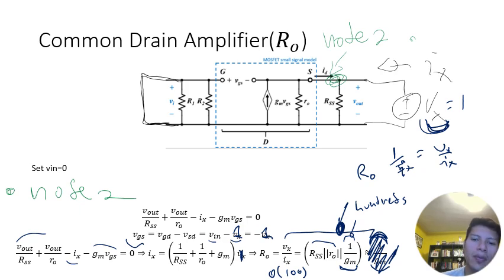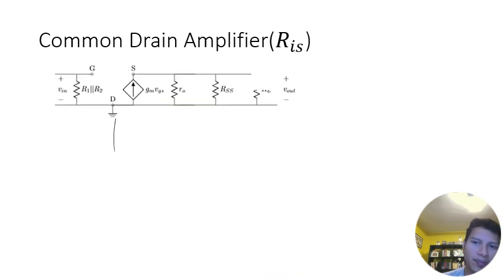Okay, so the next thing to find out is actually the input resistance. Again, to get your input resistance, we're going to short out V out. And then we're going to do an IXVX test, plus minus 1 volt. And now we need to figure out what IX is.